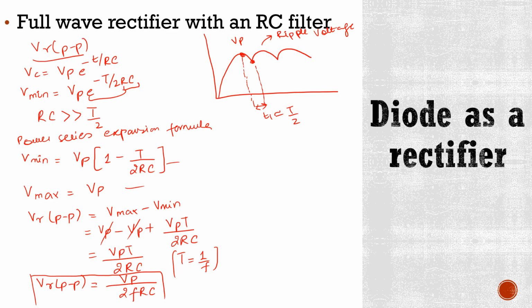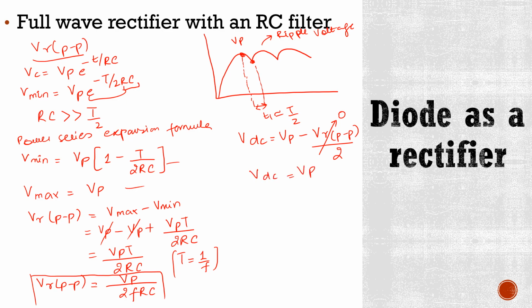Now if we want to find DC voltage, then again VDC is equal to Vp minus Vr peak to peak divided by 2, and in most cases this ripple voltage is very small, so this whole term is negligible. It means this VDC is equal to Vp.